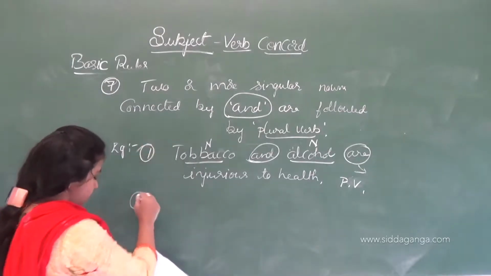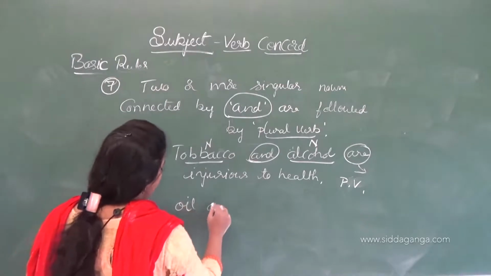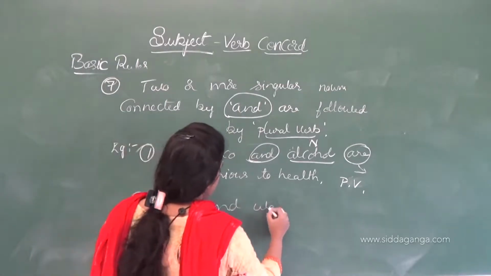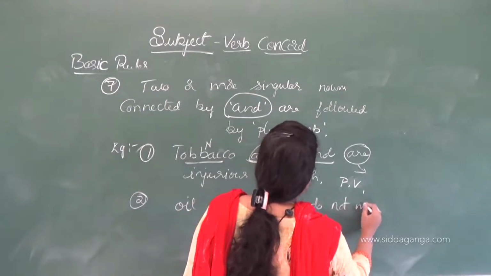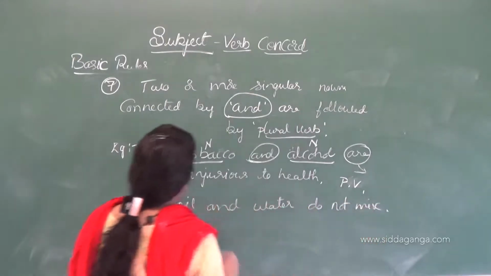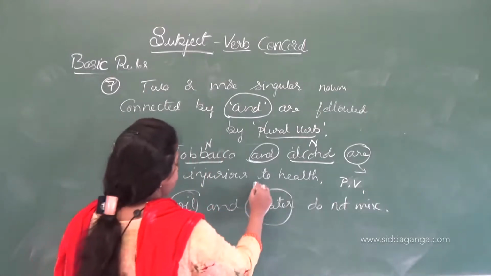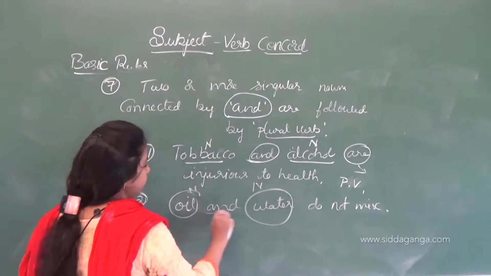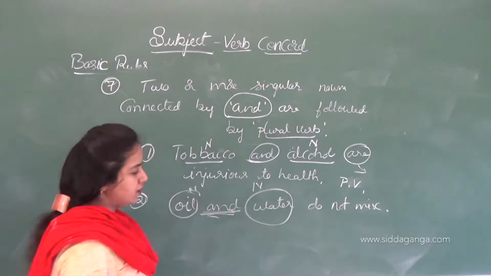Let's see another example. Oil and water do not mix. In this, oil and water are two different nouns, connected with each other by and.